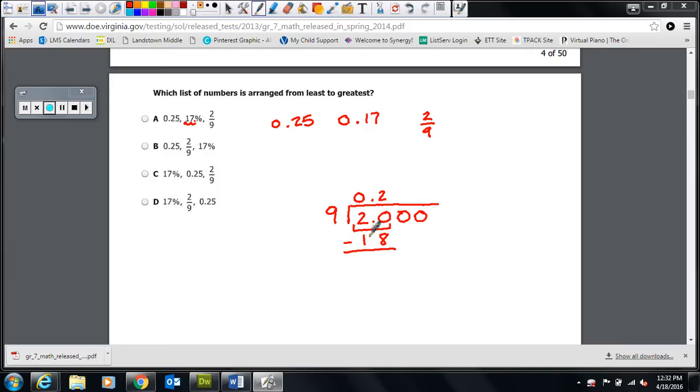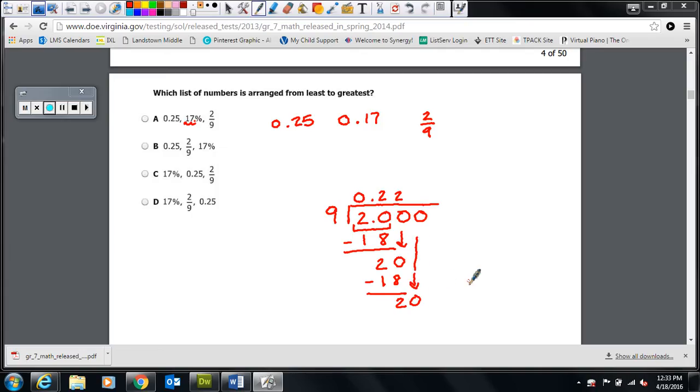And when I subtract 18 from 20, that gives me a 2. And I bring down my next value, and it gives me a 20. And I know that 9 goes into 20 2 times because I knew that from the first time. So 9 times 2, again, gives me 18. And I subtract, and I get a 2. And I bring down my next 0, I get a 20 again.